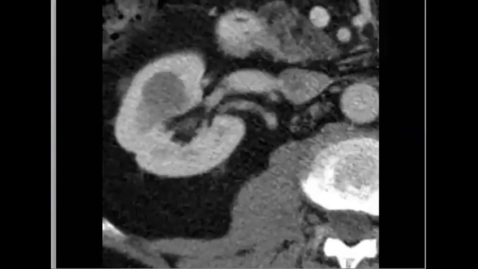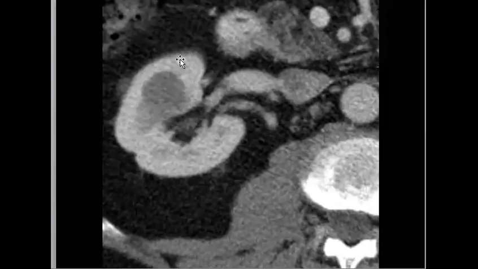Okay. So let's start with some starter cases, and what do you see? How do you describe it? So still there is no response, but we can try to describe it like this focal lesion, right?